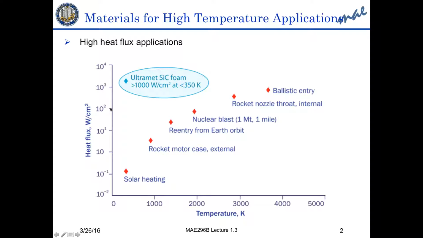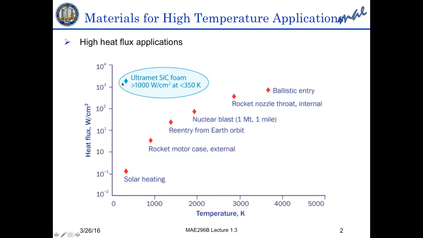If you have a heat flux of 100 watts per centimeter square, that's equivalent to 0.1 megawatt per meter square, and that is typical for rocket nozzle throats, combustion engine internals, and so forth. The temperatures expected for these materials will be on the order of 3000 Kelvin.